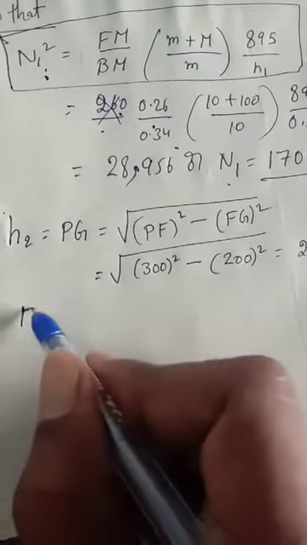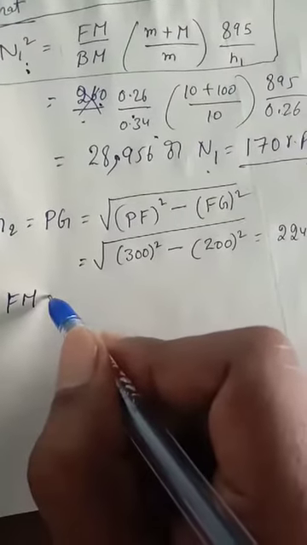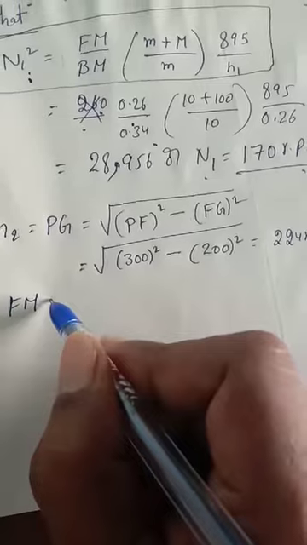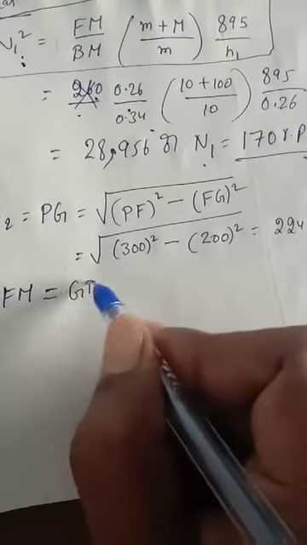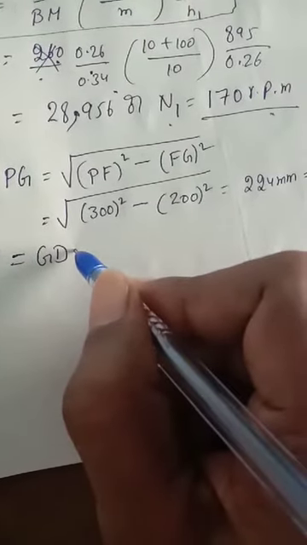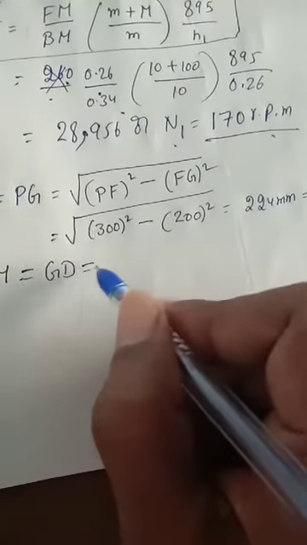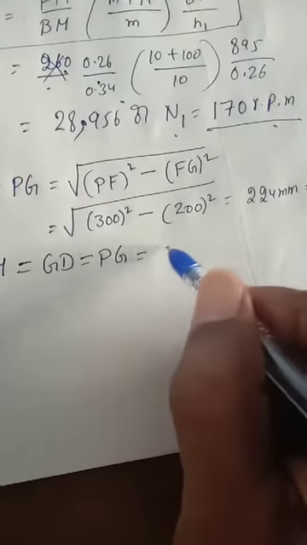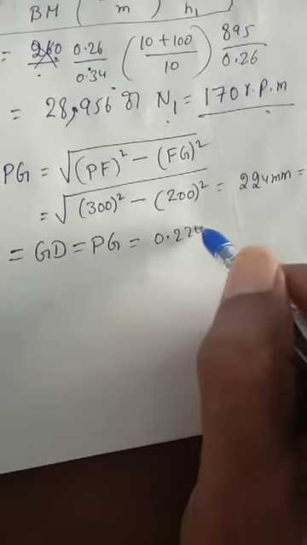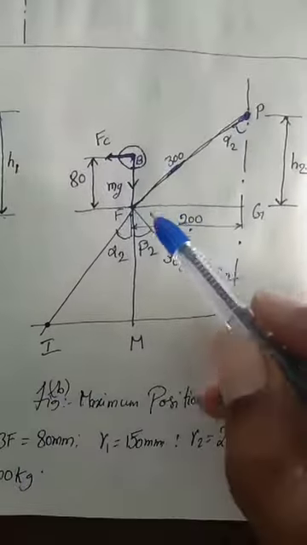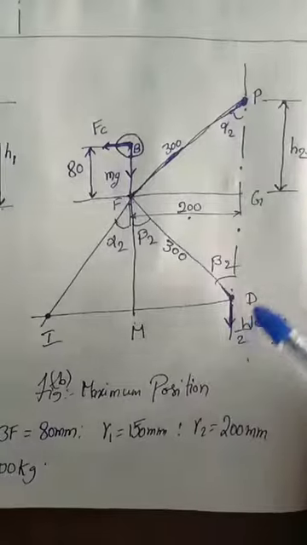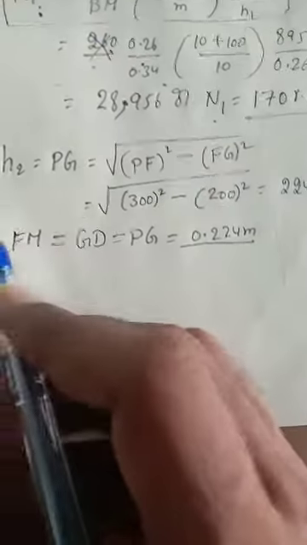So now we are going to consider FM is equal to GD, and that is equal to PG. So the value is 0.224 meter. Same as the previous problem, FM is equal to GD, GD is equal to PG, that is called h2.